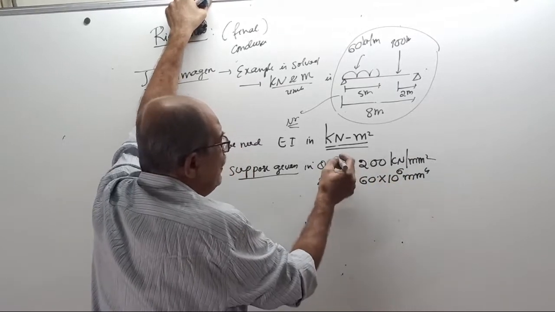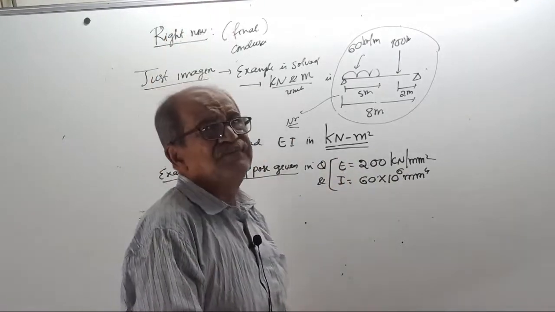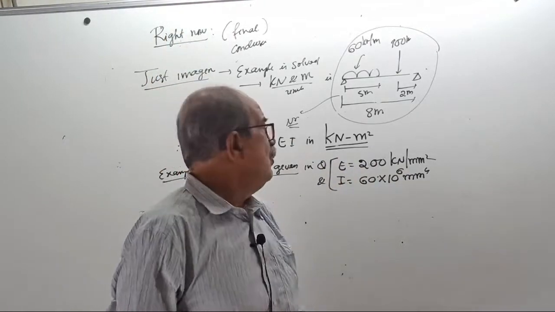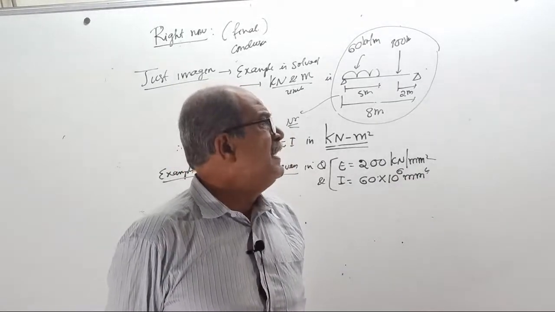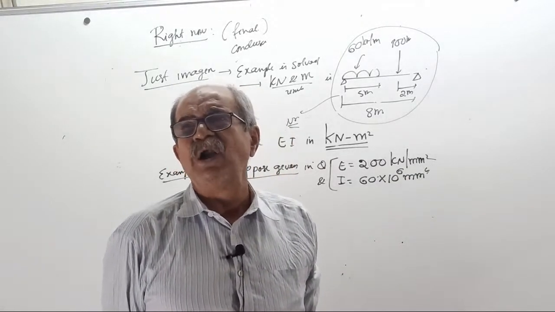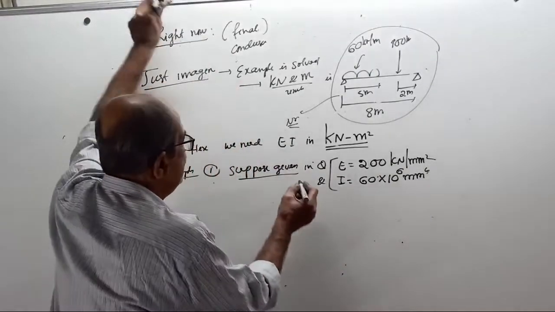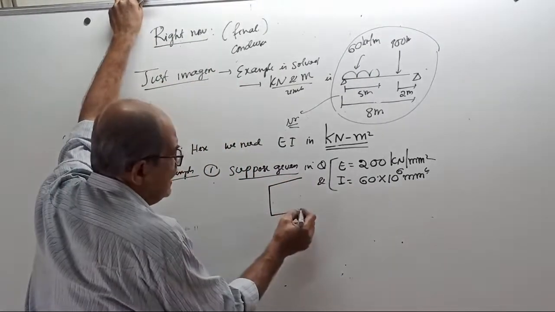In the question, they can give any unit. You can't tell the person, I am solving in kilonewton, why are you giving in Newton? I am solving in meter, why do you give in millimeter? I will give whatever I want. You convert it.